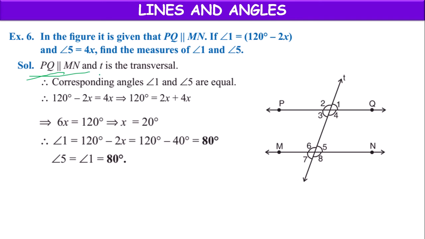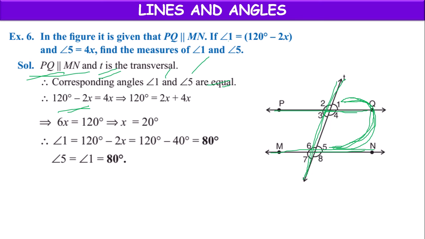So PQ is parallel to MN, and T is the transversal. Because they are parallel lines and it is the transversal, according to the parallel lines concept, these two corresponding angles, lying above the line on the right side of the transversal, will make a corresponding angles pair. Corresponding angles are equal, so angle 1 and angle 5 are equal.